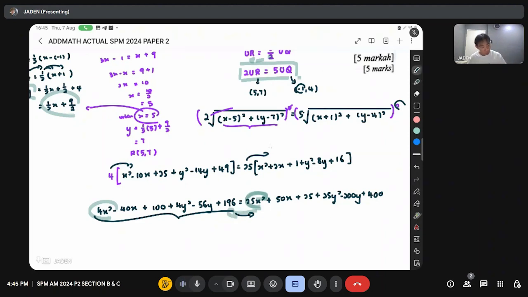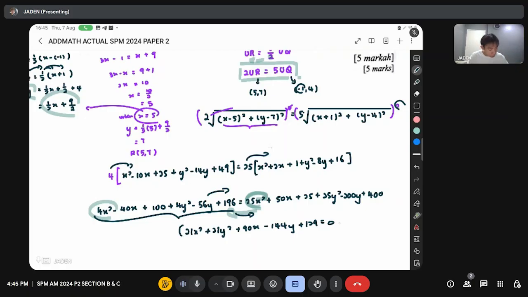Okay, so when you do it one by one, all right, you will end up one side is 0. So you're going to get 21x squared plus 21y squared plus 90x minus 144y plus 129. And whenever you are done with the equation, do be careful. If they can simplify, you must do that.